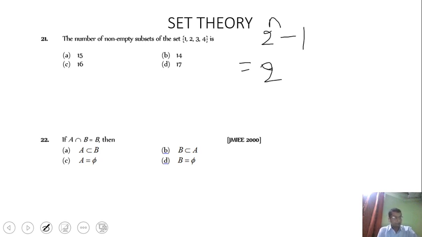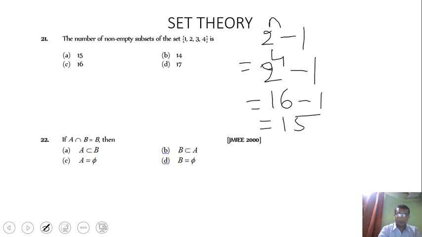In this example, 1 2 3 4, totally we have 4 elements. So the value of n is 4, and minus 1, as it is 2 raised to 4, that is 16 minus 1, that is going to be 15. Therefore, the correct option is A, that is 15.